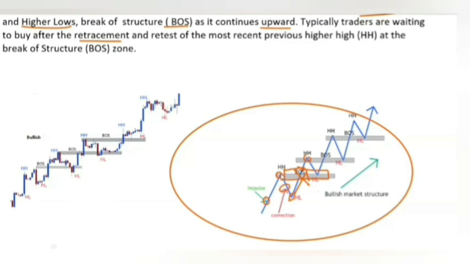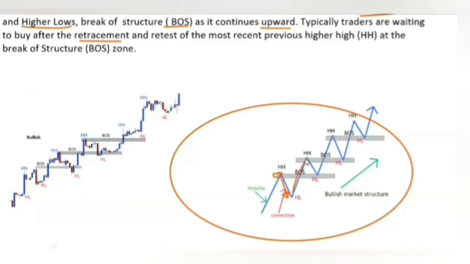It was previously resistance, now turned support, because buyers buy at support and they sell at resistance. Previously the price was resisted here, and it dropped to form a swing low at a higher low.